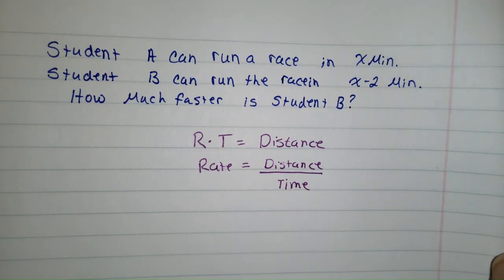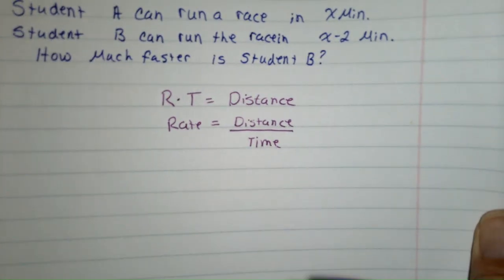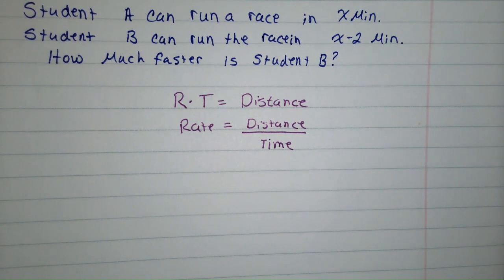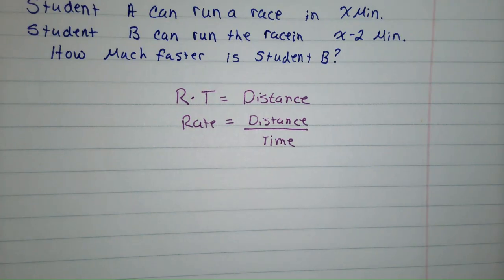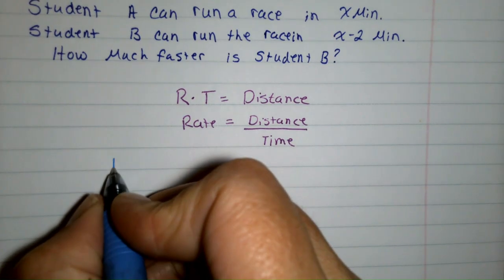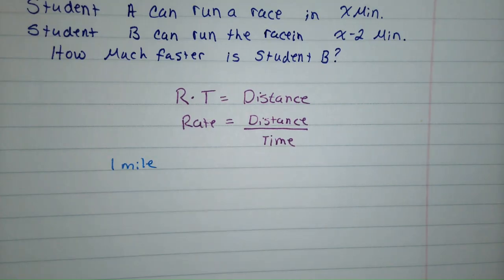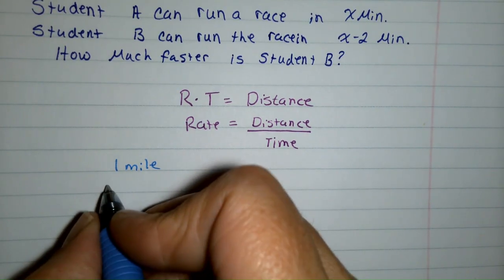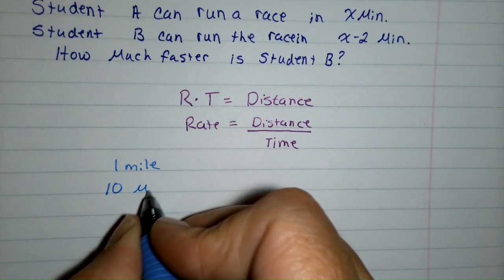So hypothetically, let's say this is a 1 mile race, just one to make it easy. Okay, and student A finished it in 10 minutes.